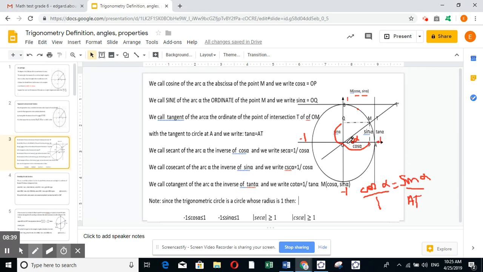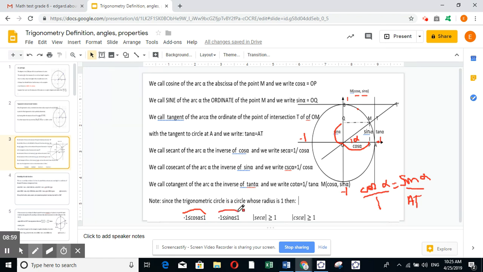Since cosine alpha is the projection on the x-axis, and the biggest distance here is 1, it varies from -1 till 1. So cosine alpha cannot exceed the boundaries of -1 and 1. It's always between -1 and 1, and similarly for the sine.